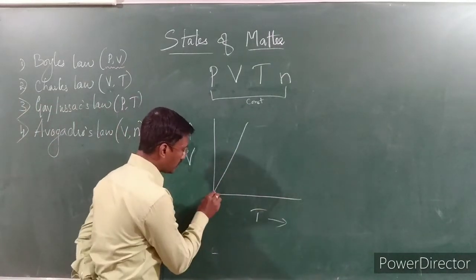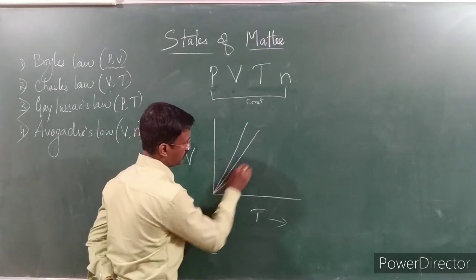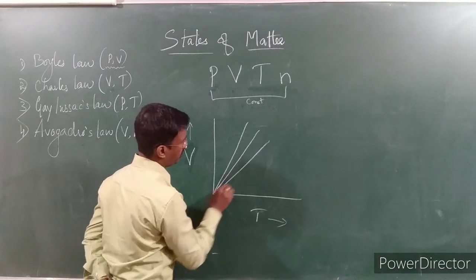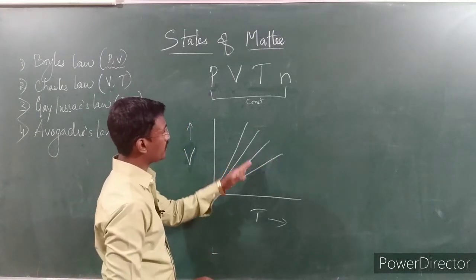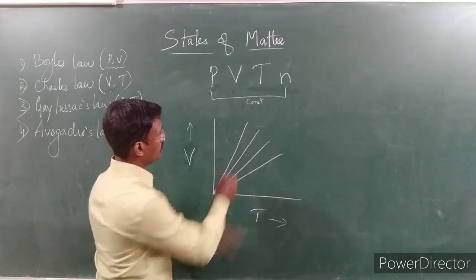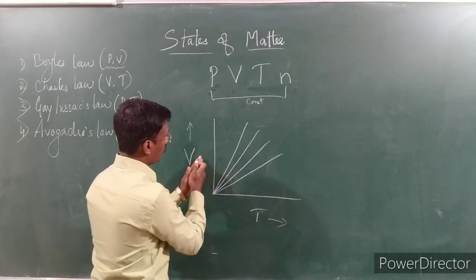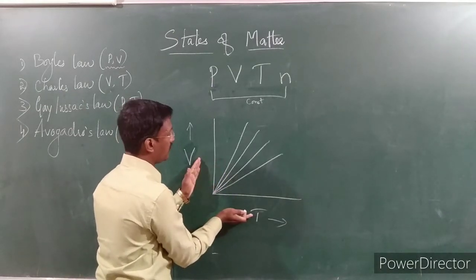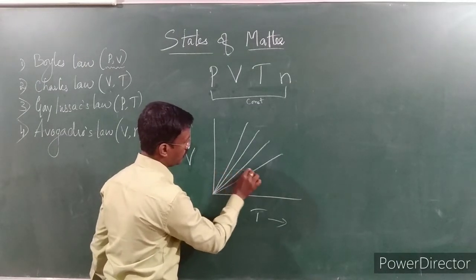So let me draw another graph. What it means here? Can you see here? Don't say that I am not drawing more than 2. Just imagine that I have drawn one graph. This graph represents how the volume varies with the temperature. Same thing here. You can take any of them.